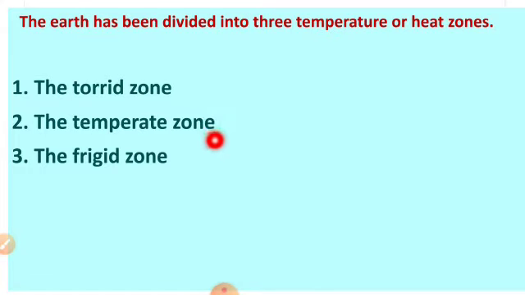The second one, the temperate zone. The third one, the frigid zone. Children, can you name these? Come on, read with me: the torrid zone, the temperate zone, the frigid zone.